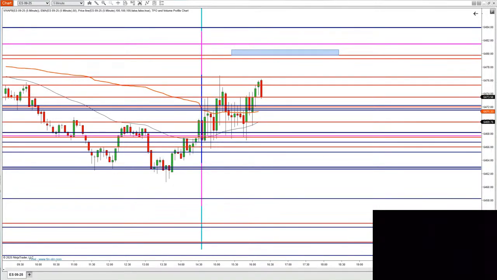Yeah, they're eating long stops. They didn't break IB. They just took the price near the IB high and pulled back.